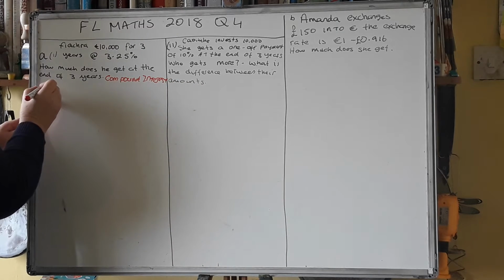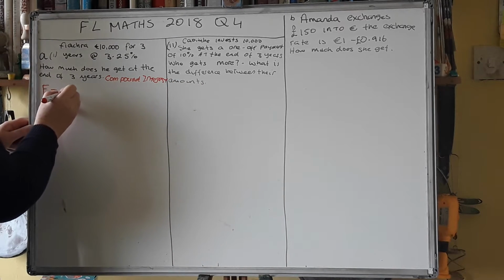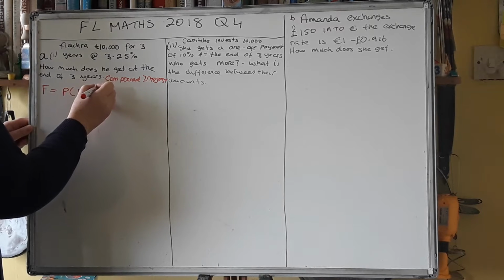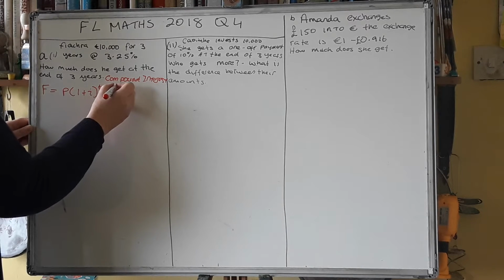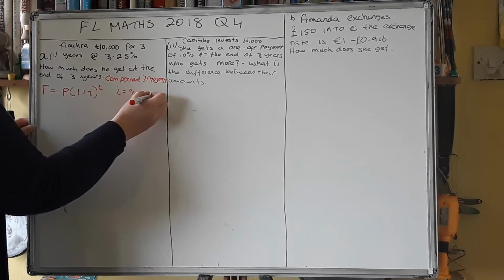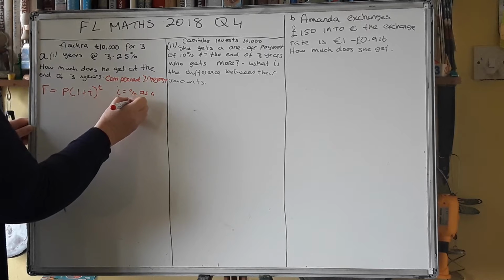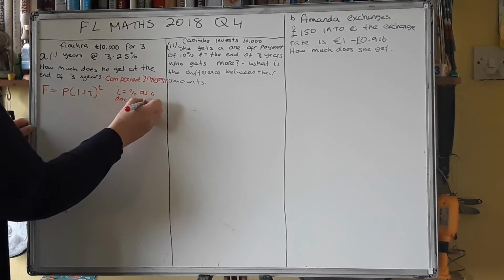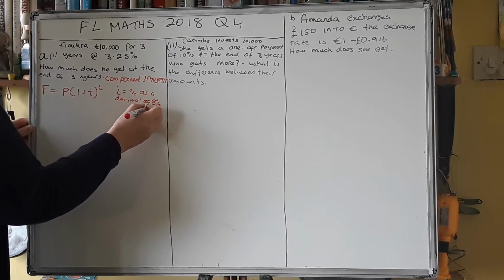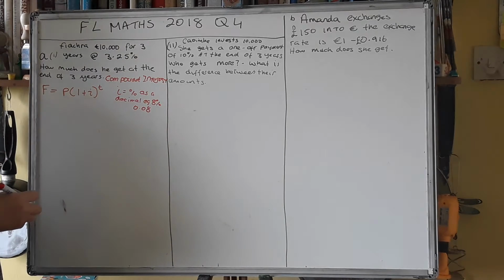You'll find that the formula is F equals P by 1 plus I to the power of T. And it tells you that I is the percentage as a decimal. So for example, 8% will be written as 0.08. That's the example they give you in the papers.